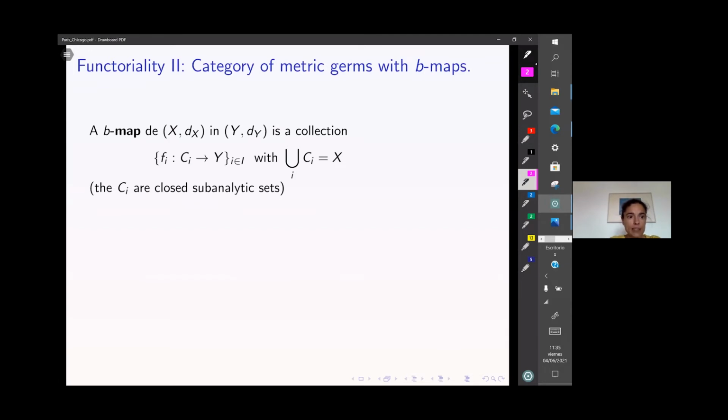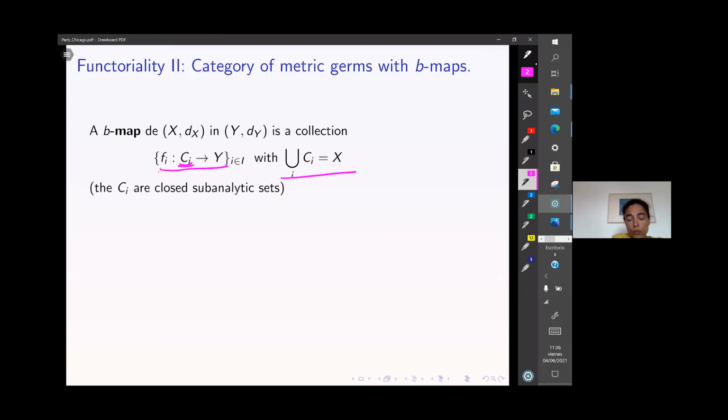Another type of functoriality that is newer is by a b-map. A b-map is a new concept that gives a lot of flexibility and computability to the theory. Let's see what a b-map is. A b-map from X to Y is not even a function, it's a piecewise mapping. It is given as a collection of functions on sets Ci such that the Ci's are a covering of X by closed subanalytic sets.